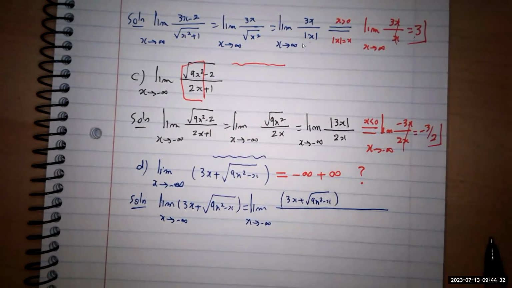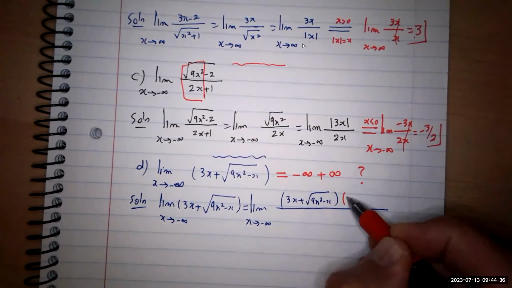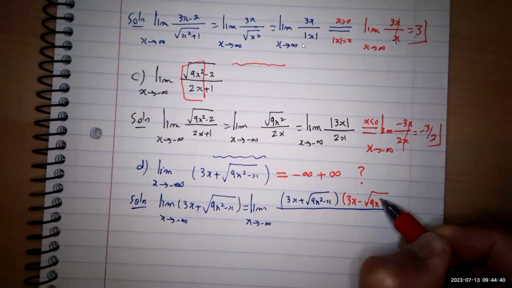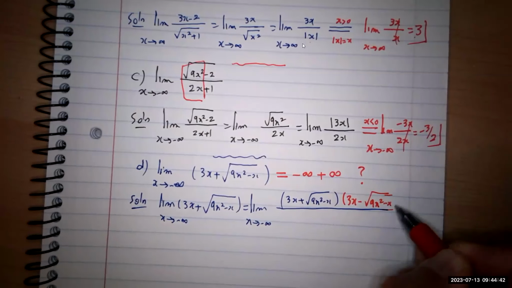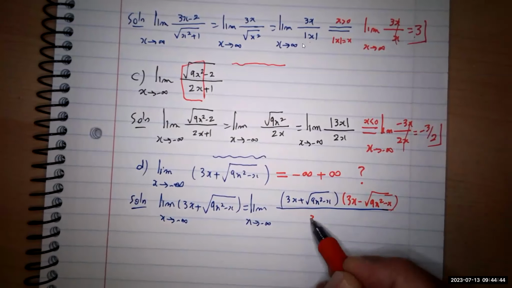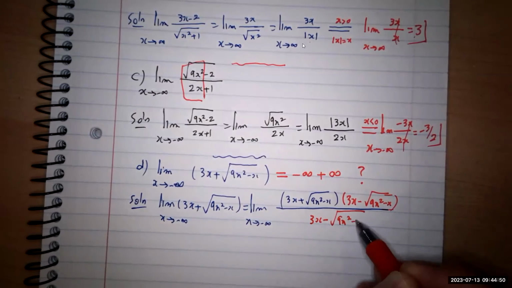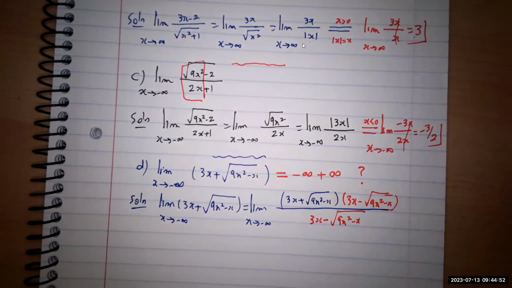You multiply by its conjugate, 3x minus the square root of 9x squared minus x, okay? And you do the same thing to the bottom, 3x minus radical 9x squared minus x. Okay, you multiply the top and the bottom by the conjugate of the top.